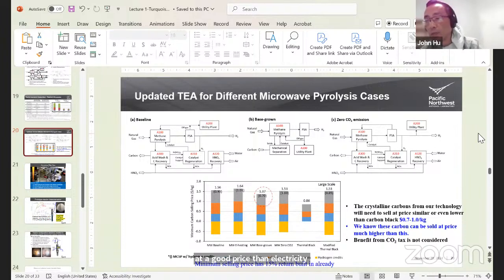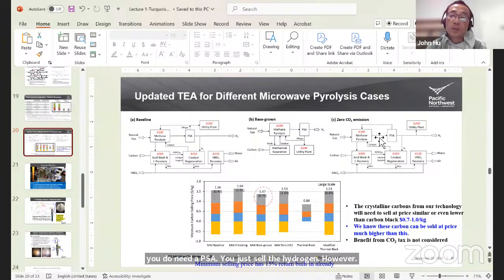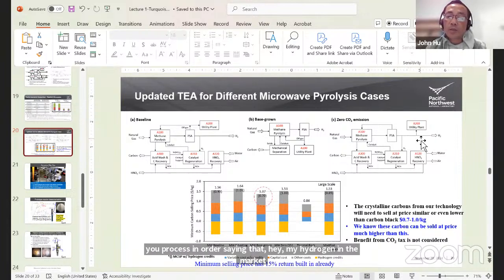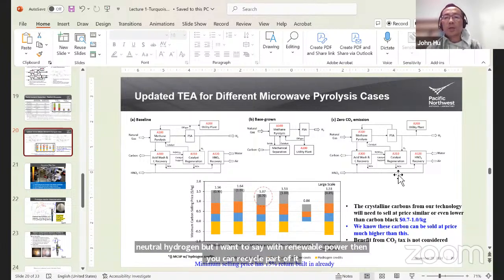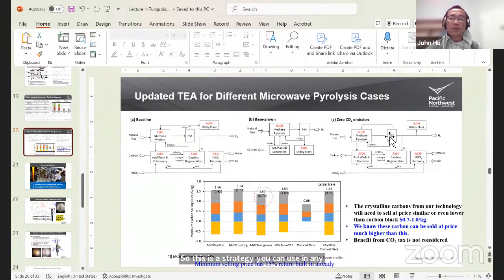You just sell the hydrogen. However, if the green hydrogen market is not that large, not green hydrogen but carbon neutral hydrogen, and you want to save renewable power, then you can recycle part of it. This is a strategy you can use in any economic analysis, and that will guide you in the commercial plan.